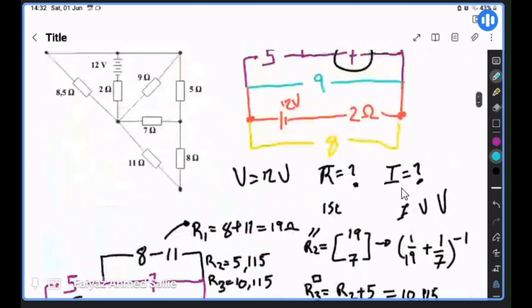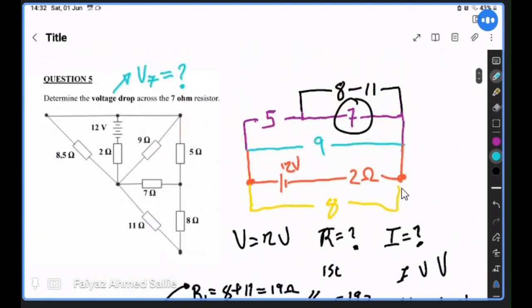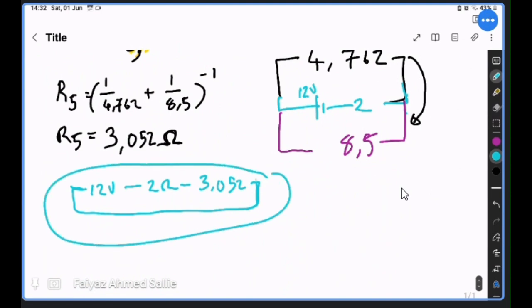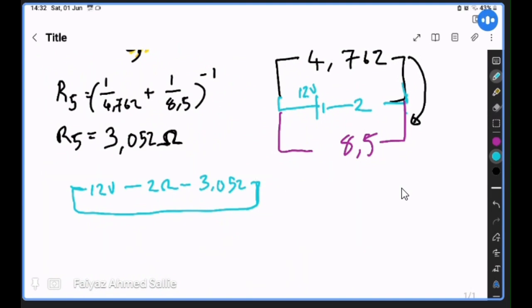As you can see, we went from something that is very complicated like this one, but now we simplified it into this here, which is much easier to solve. So continuing with that, we are now going to find the current.